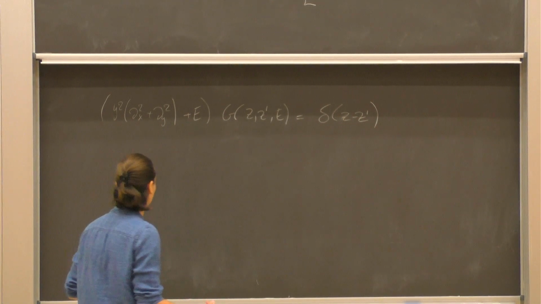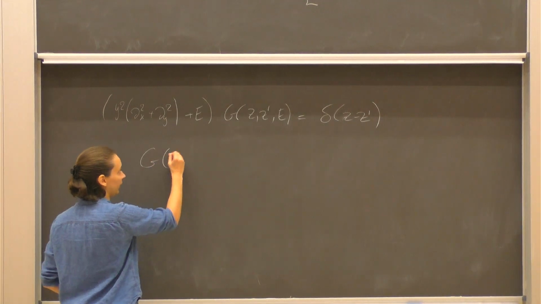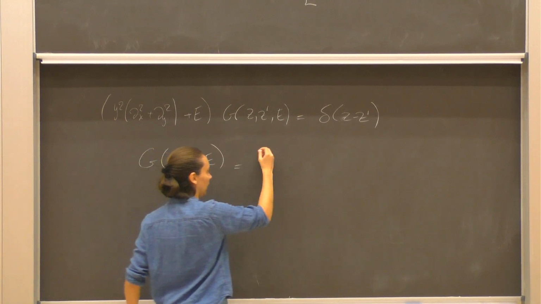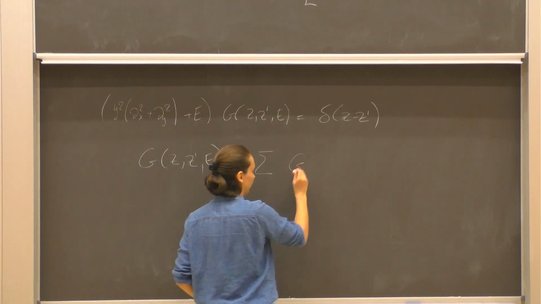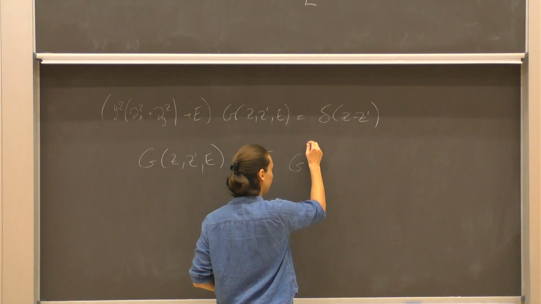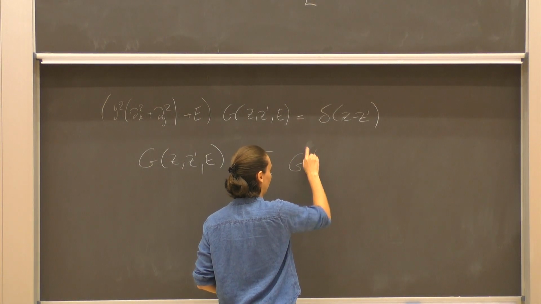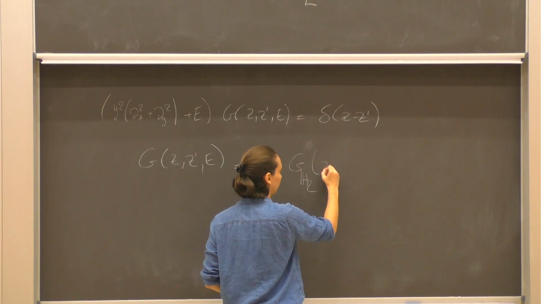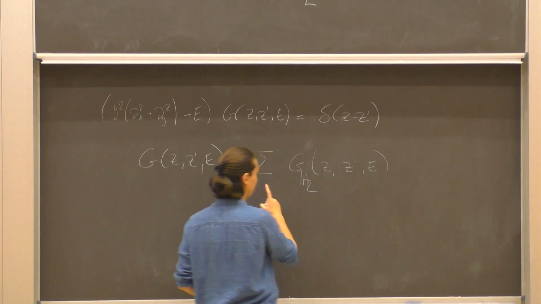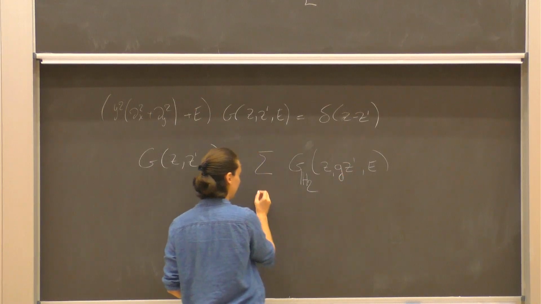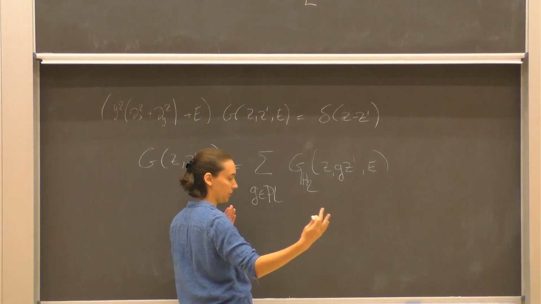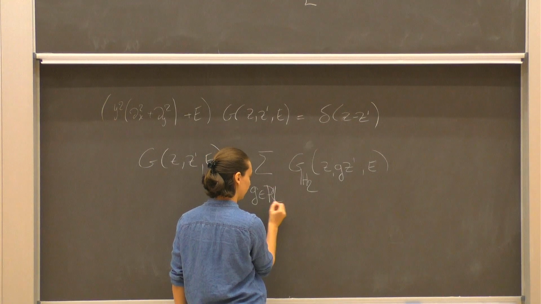So to do the method of images, you'll define the guy you want as a sum over the guy on the bigger space, which would be 2D hyperbolic space, I'll just call it H2 here. But then you want to be summing over all the group elements that you're modding the whole space with, PSL2.